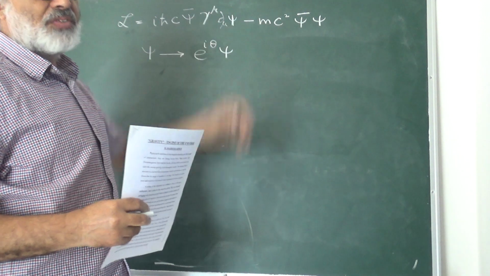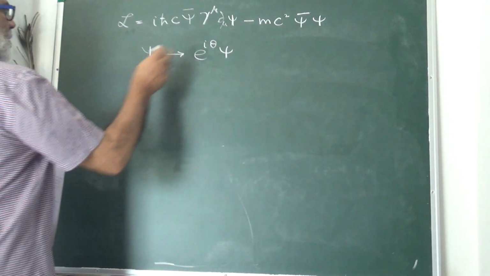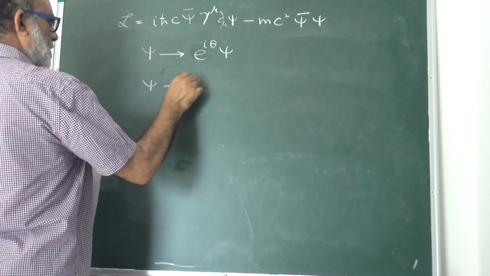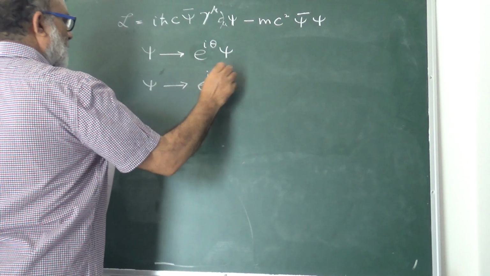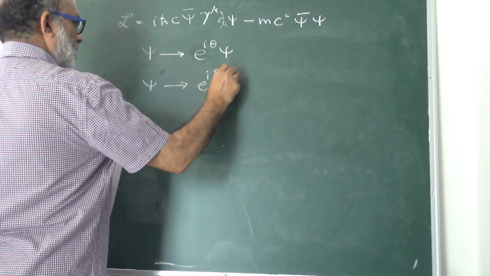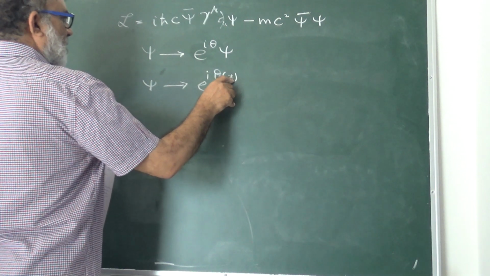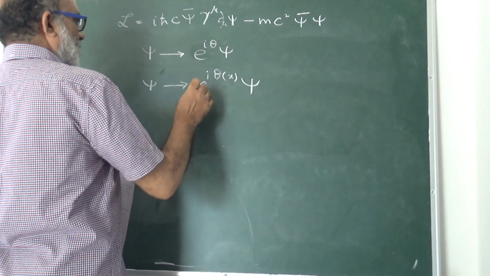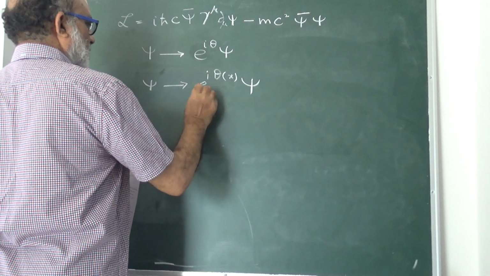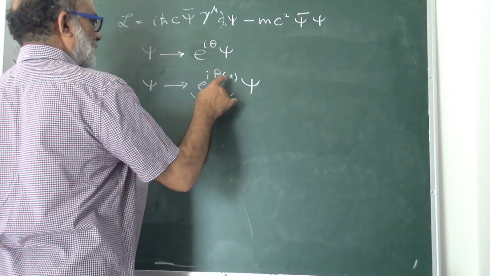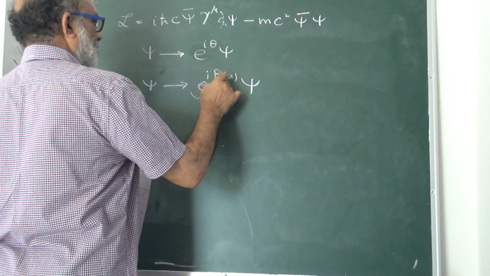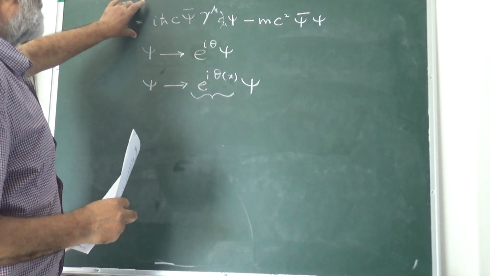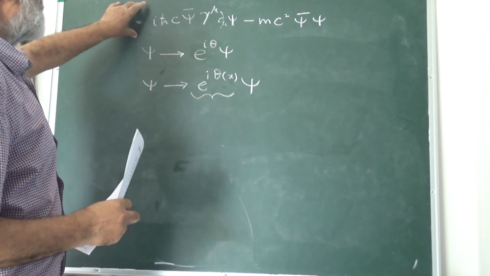Now suppose theta is not constant, but depends on x, where x denotes position and time. If the field is transformed with a phase factor that depends upon position and time, then the Lagrangian does not remain invariant.